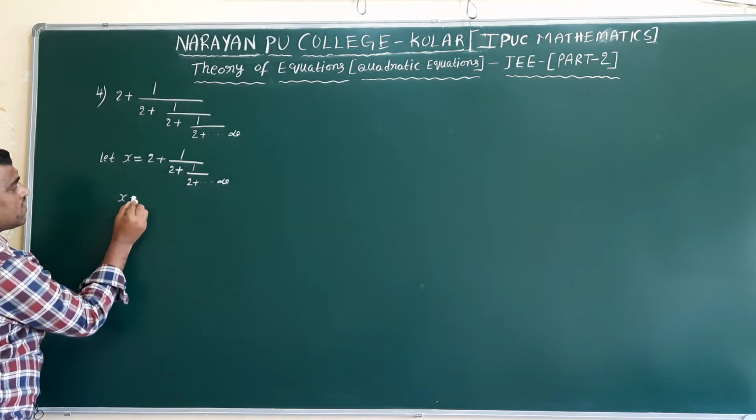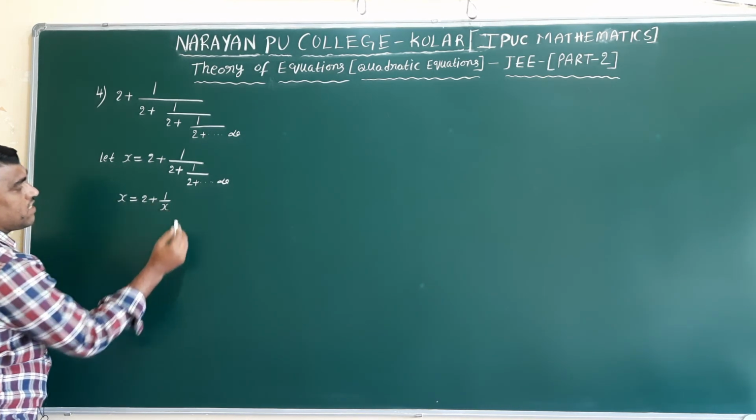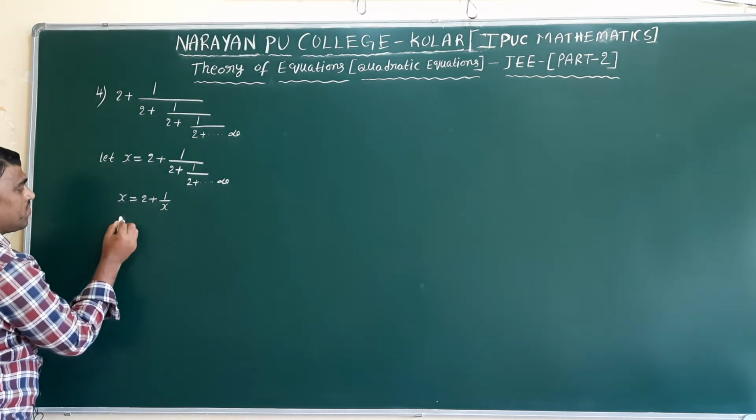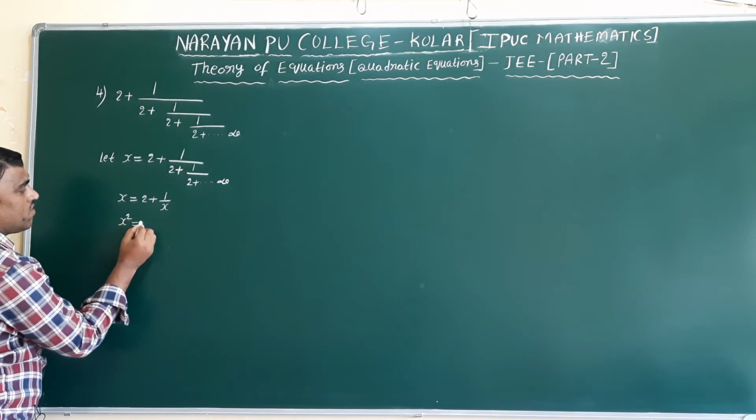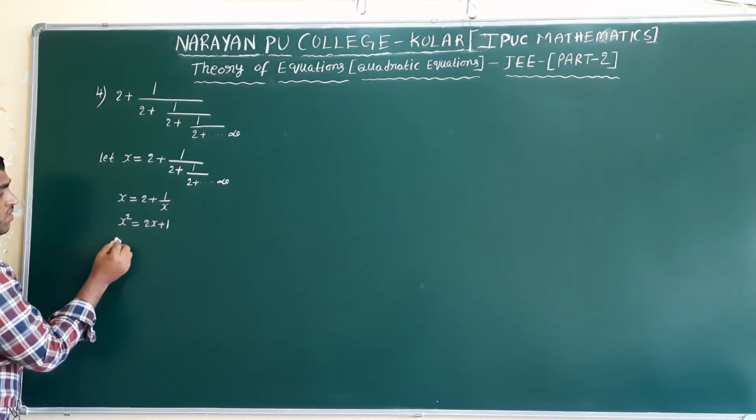So x equals 2 plus 1 by x. So take the LCM, x square equals 2x plus 1.